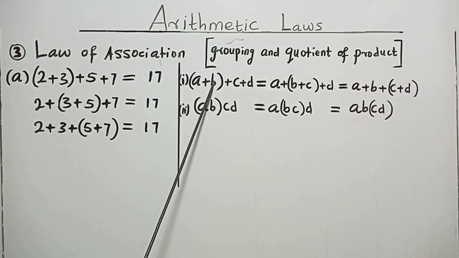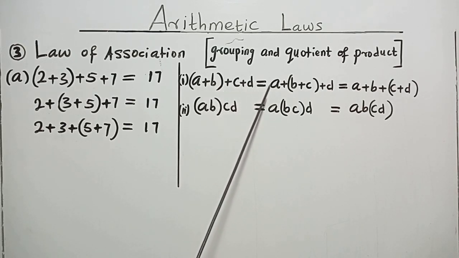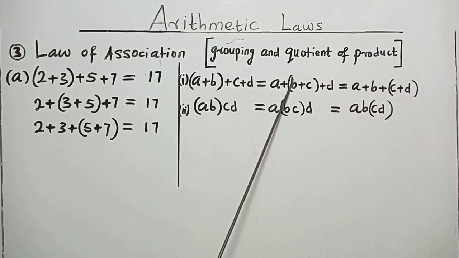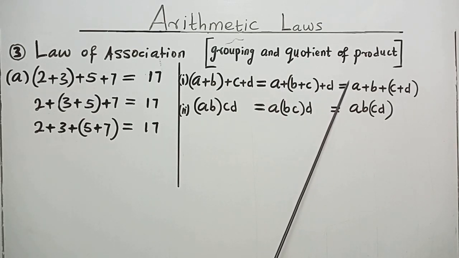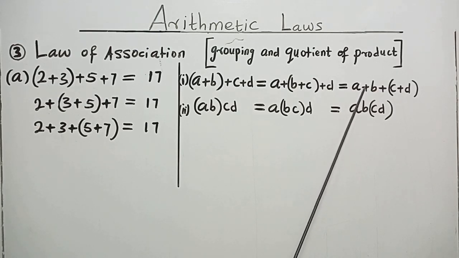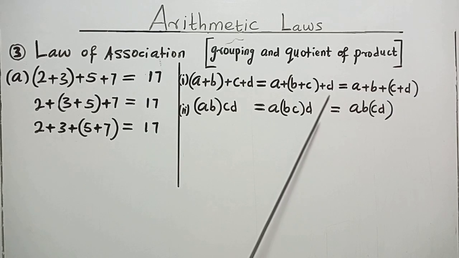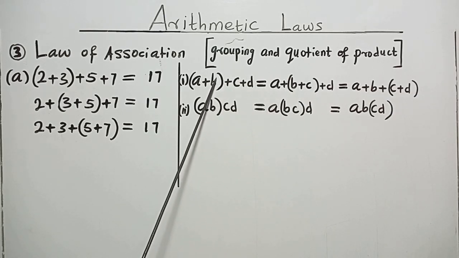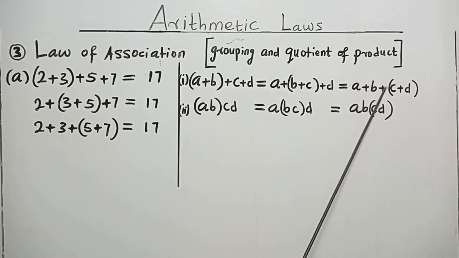A plus B associated, added to C plus D, is the same thing as A plus B plus C associated, plus D, is equal to A plus B plus C plus D associated. It means that the result you get from this and the one you get from this and the one you get from this are equal.